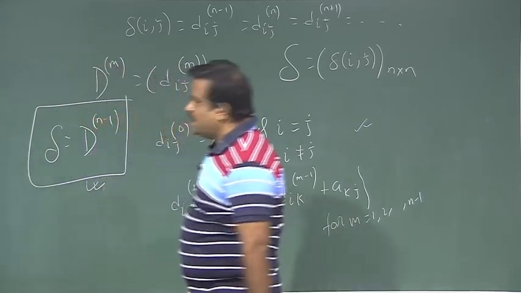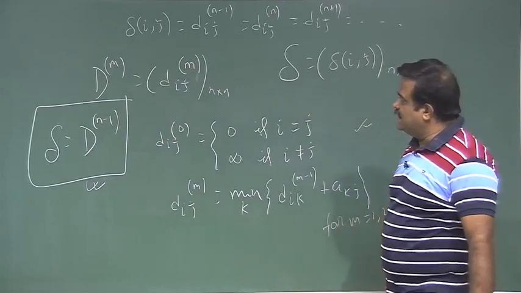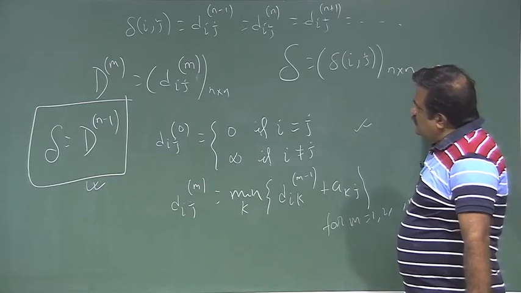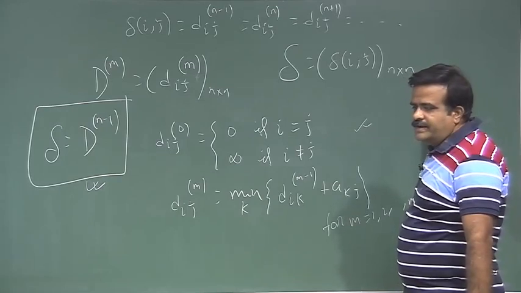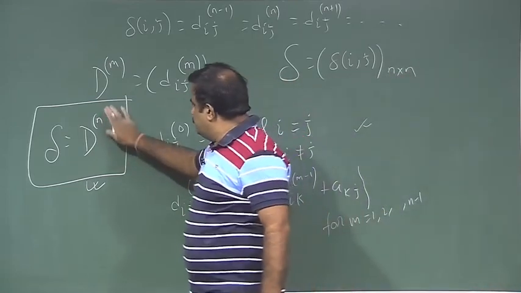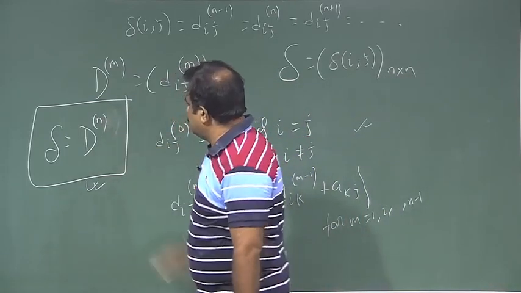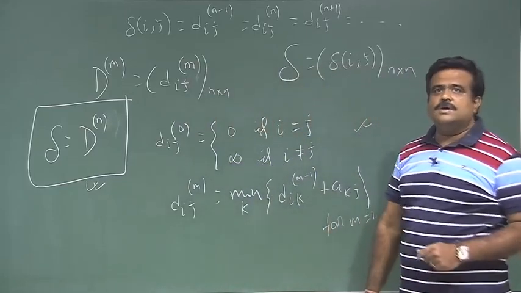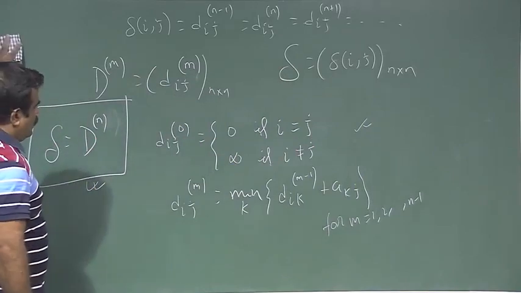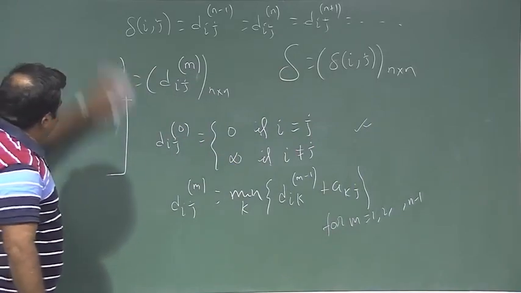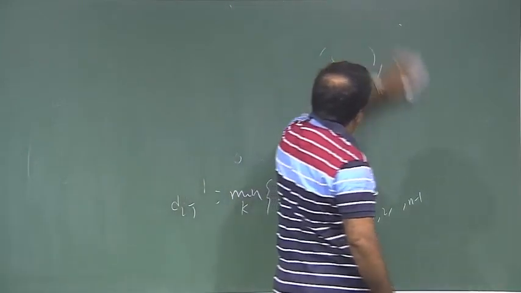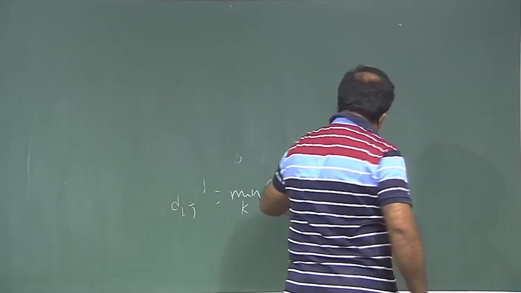So basically the all pair shortest path problem is to find this delta matrix, capital delta. Now the question is how we can get D^n or D^(n-1) in general, because it will converge if there are no negative weight cycles. So let us try to get D^n. That will solve the all pair shortest path problem.